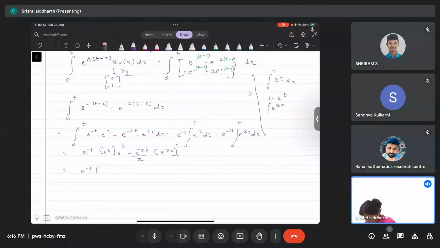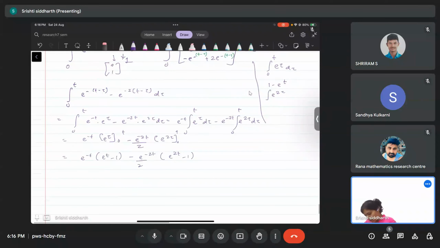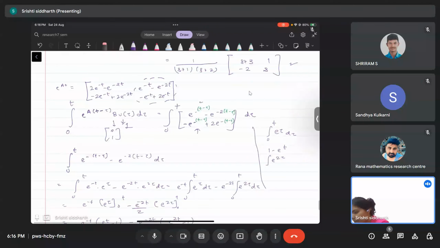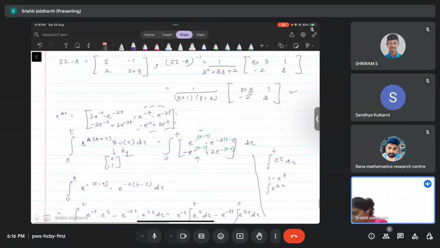So we have e to the power t minus 1, minus half, and then we have e to the power 2t minus 1. Similarly, you can compute the integral of the second element, and then we already have e to the power At here.